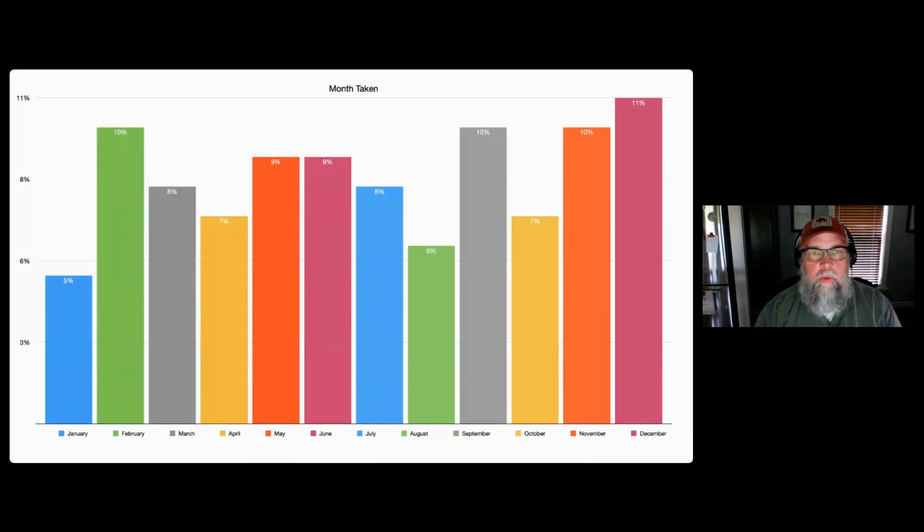And I kind of figured this one was going to be the case. One of the things that surprised me when I started looking at the month the pictures were taken is that they weren't more equally distributed. The one month I would have guessed correctly is January, because by the time January rolls around I'm pretty tired, and for all the years I've taken pictures, I try to take a hiatus in January and not shoot many pictures at all.